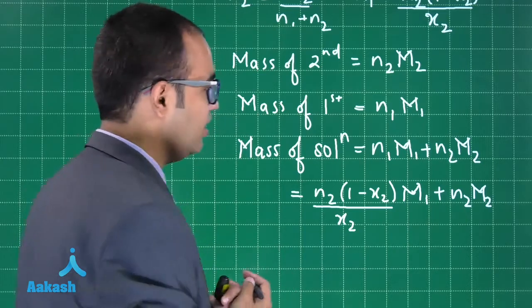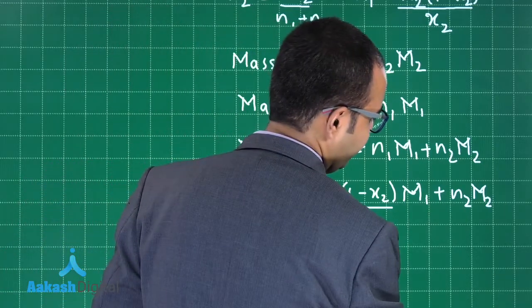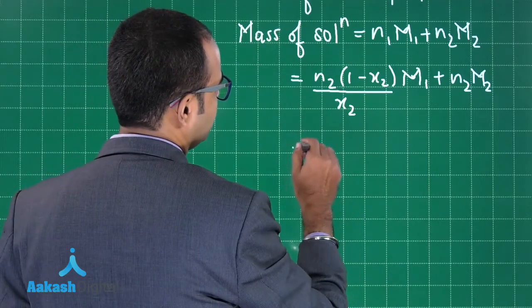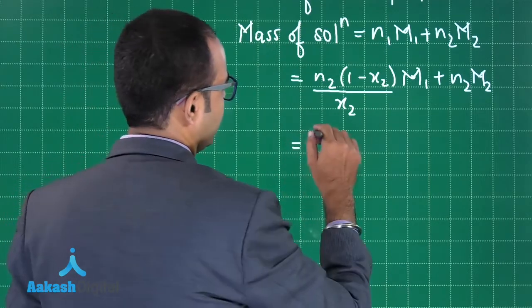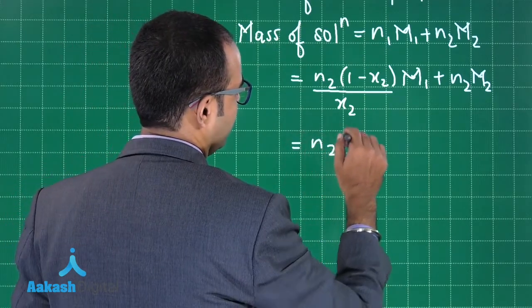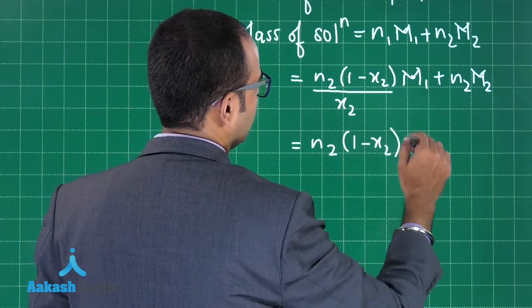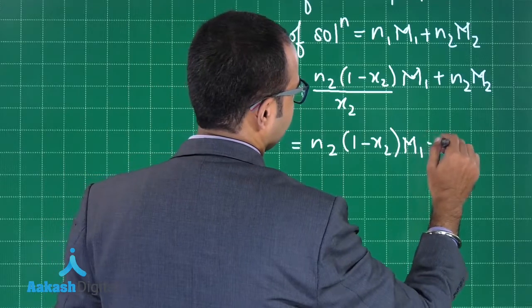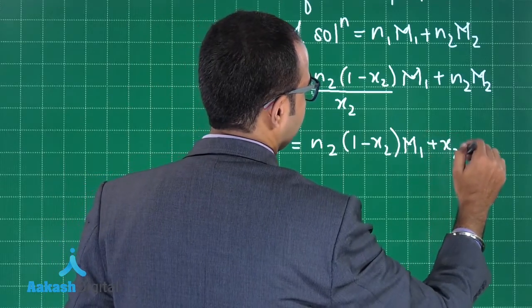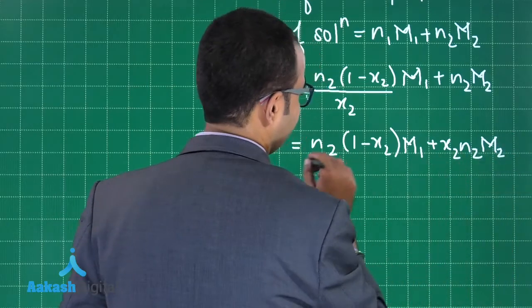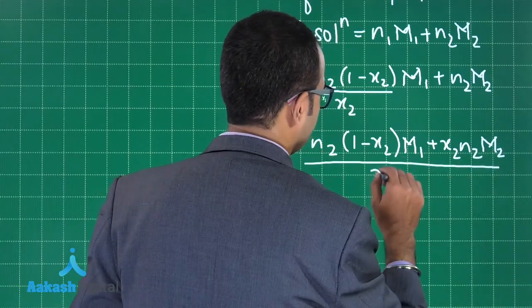If I simplify this, so what will I get? So this will be 1 minus X2 into M1 plus X2 into M2. It's a very lengthy sum, guys.